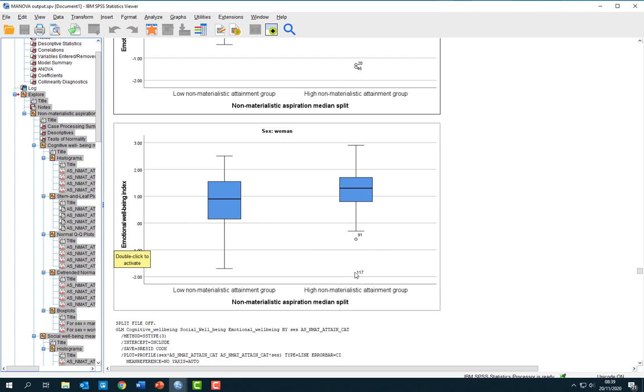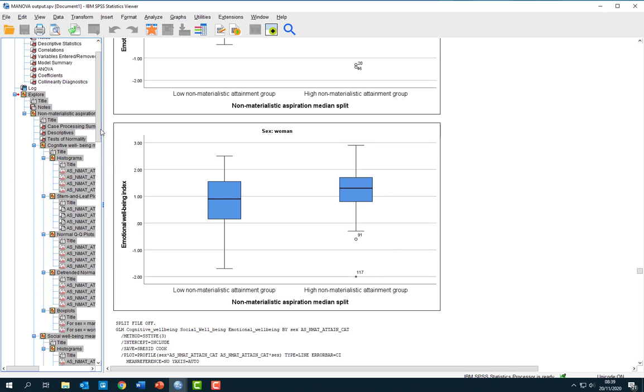Now that might indicate that that's what's pulling that subgroup's distribution out of a normal distribution. So that might be something that we want to explore, either Windsorizing, as we've already mentioned, or removing. So that might be a potential issue.